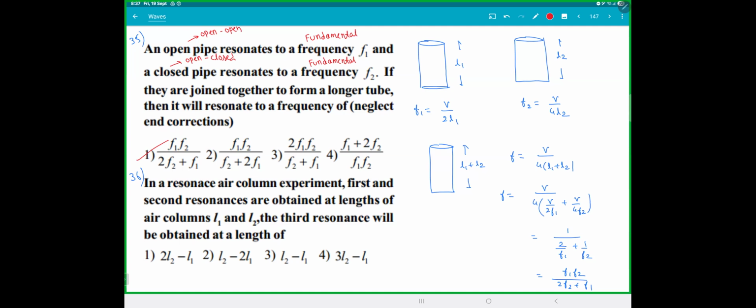This thing, remember in the resonance column tube, we made a statement. The difference between two lengths in the resonance is always lambda by 2. Remember that? So the difference in length between two air columns, you have to draw a picture.